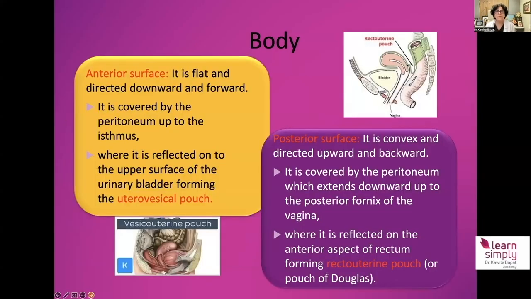The anterior surface is flat, directed downwards and forward. It is covered with the peritoneum up to the isthmus. You can see this green level, covered up to the level of the isthmus, and then it is reflected onto the upper surface of the urinary bladder.